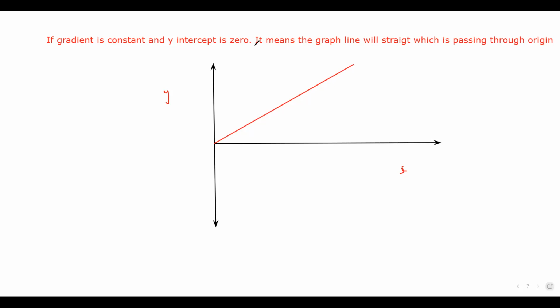For example, if we have the equation s equals ut plus half at square, it will be h equals 1 by 2 gt square.